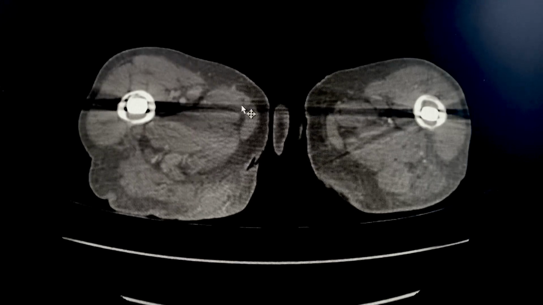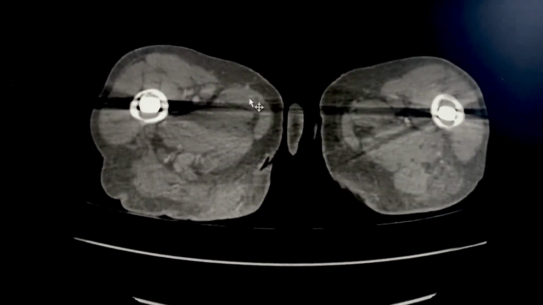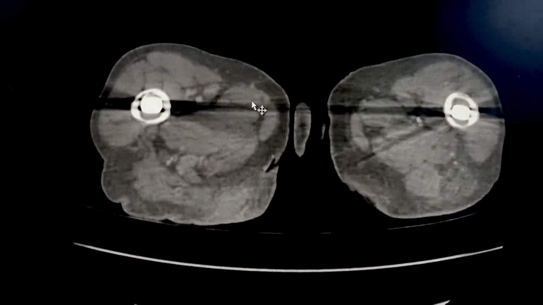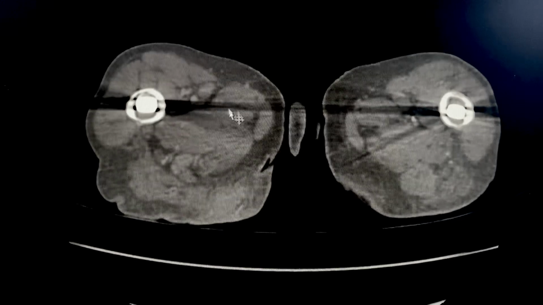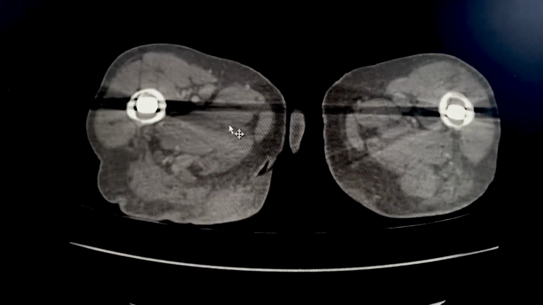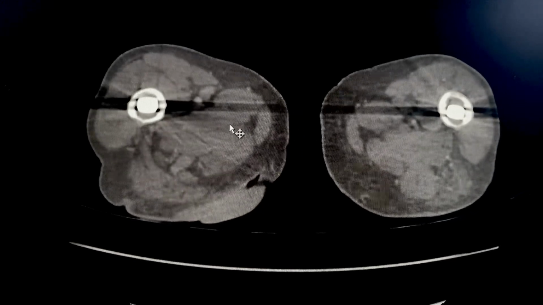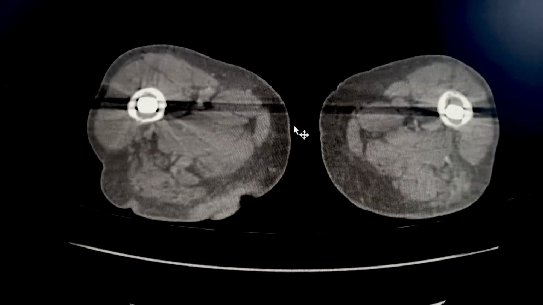In Russia, we use the Pokrovsky classification. Pokrovsky was a Russian vascular surgeon who described the stages of chronic limb ischemia.